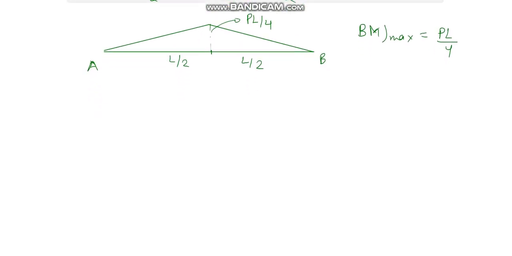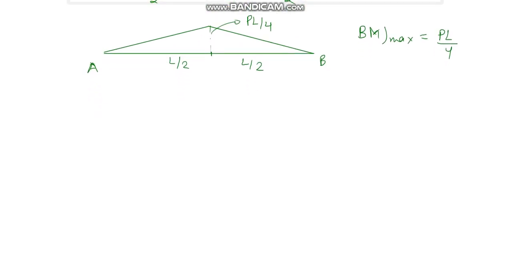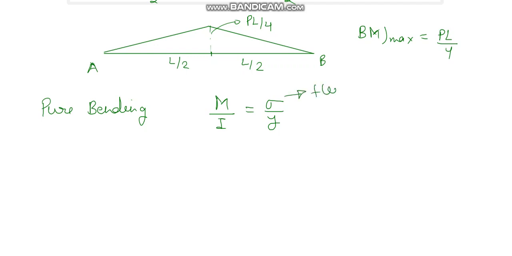Now we can use the pure bending equation, because it is given that it is a case of pure bending. The section is prismatic and it is simply supported. So we can write M over I equals sigma over y, where sigma is the flexural stress at any fiber.